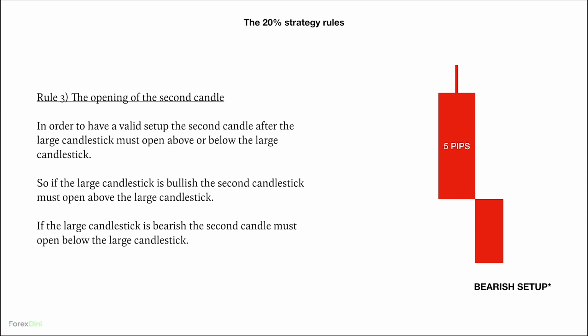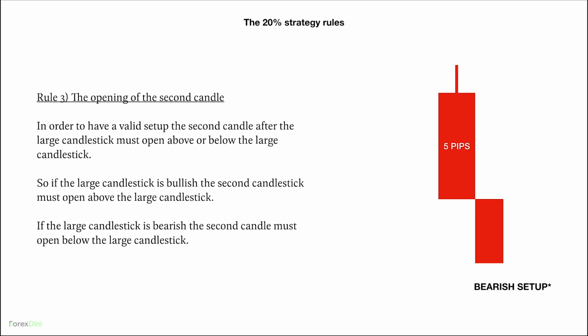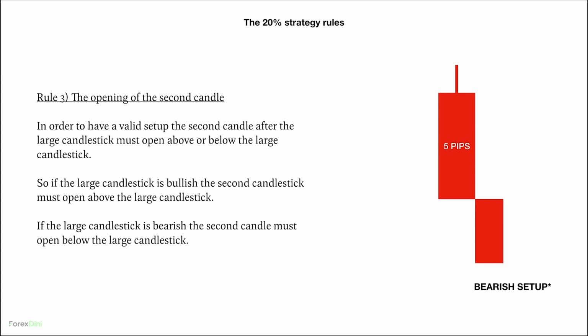So we have the 5 pip large candlestick and the second candlestick that follows has opened below. So make sure your second candlestick opens above if it's bullish or below if it's bearish. If the large candlestick is a bullish candlestick, then the second candlestick must open above. If the large candlestick is a bearish candlestick, the second candlestick must open below.